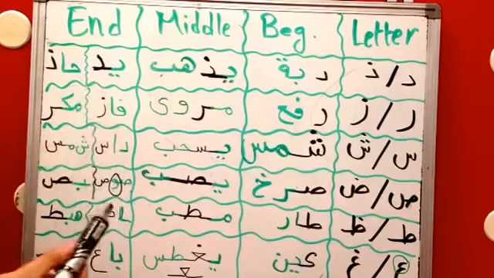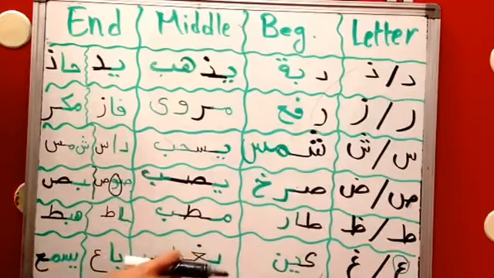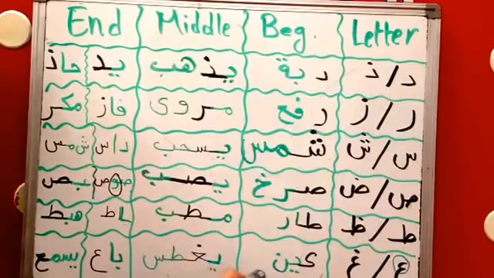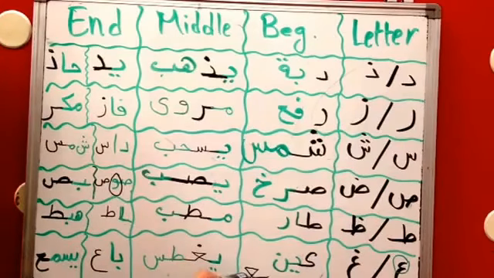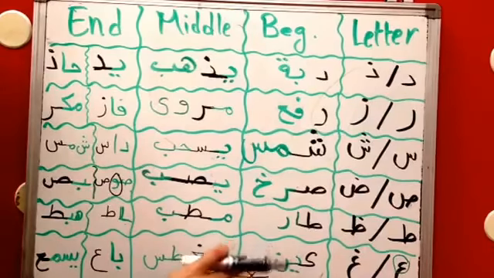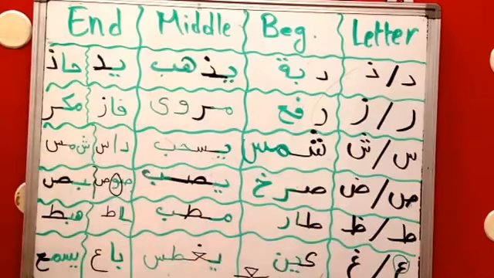Let me draw it again. We draw a straight line, and then go up, draw an upside down triangle, and then you continue the triangle till you reach the line, and you continue with the horizontal line. You put a dot if it's a Ghain, and if it's not a Ghain, you just remove the dot to make it an Ain. Clear?